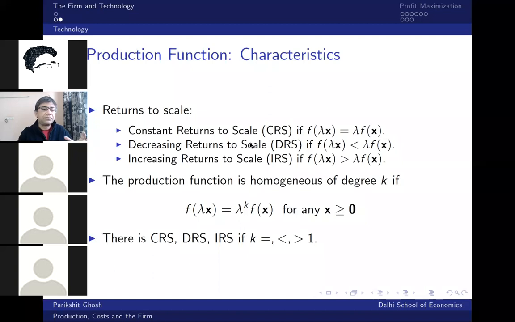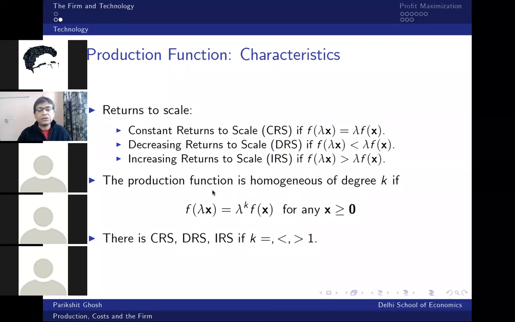So in some region, it can have increasing returns. In other regions, it can have decreasing returns. Nothing stops a production process from having that kind of feature. But let's restrict our attention at this point to what is called homogeneous production functions. All right. So what does that mean? That means its returns to scale feature holds at every point. Wherever you start in terms of an input vector, you get the same property everywhere.